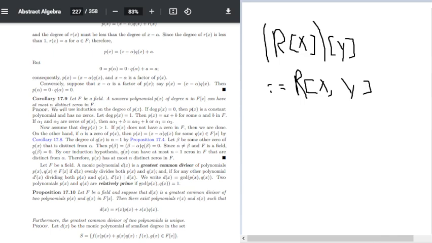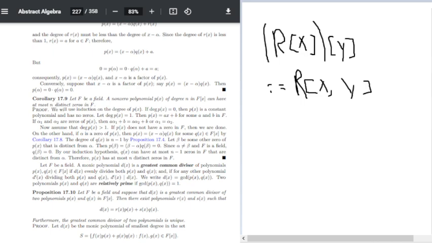Okay, we'll use induction on the degree of p(x). If the degree of p(x) is equal to 0, then p(x) is a constant polynomial and has no zeros. Oh wait, yeah, because the zero polynomial has degree negative infinity, so you can't do the standard induction. So let the degree of p(x) equal 1.